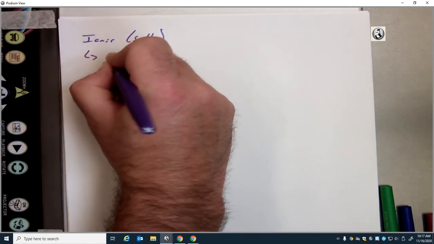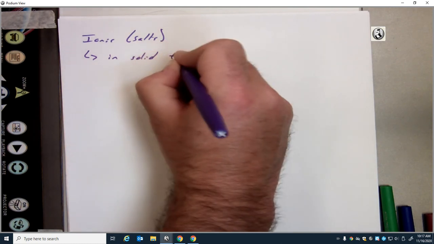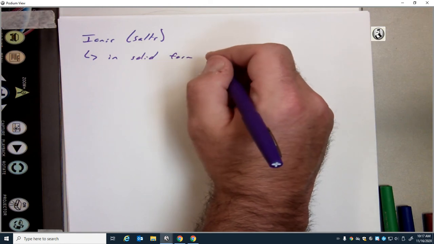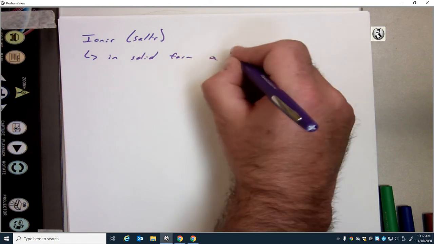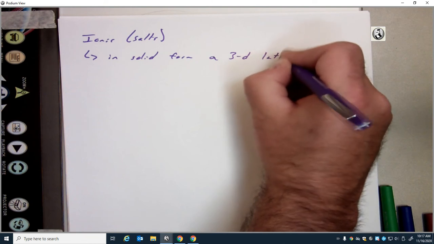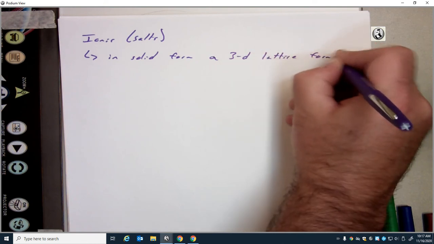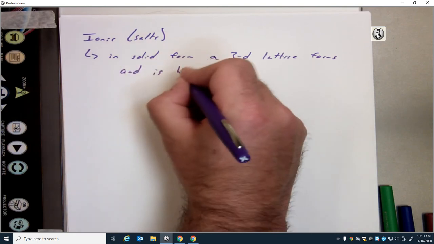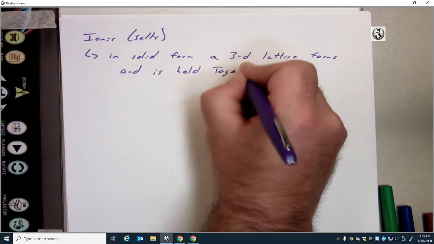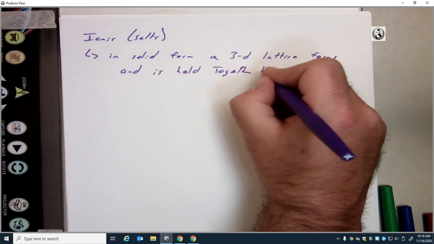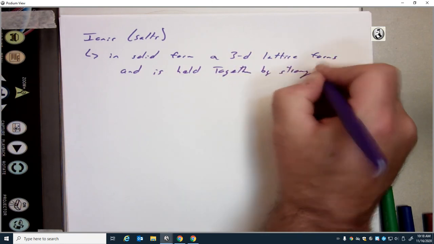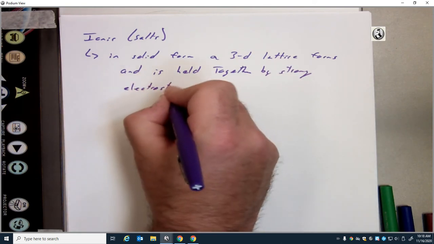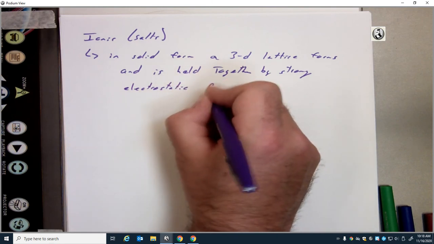So in solid form, a 3-dimensional lattice forms and is held together by strong electrostatic forces.